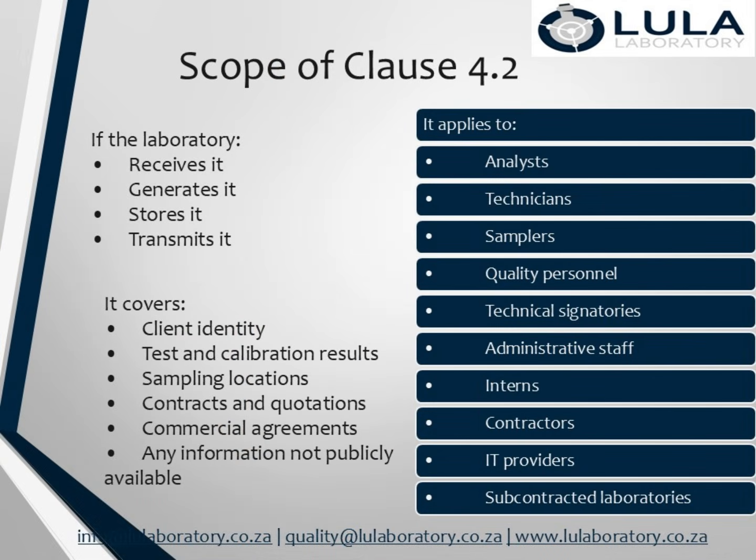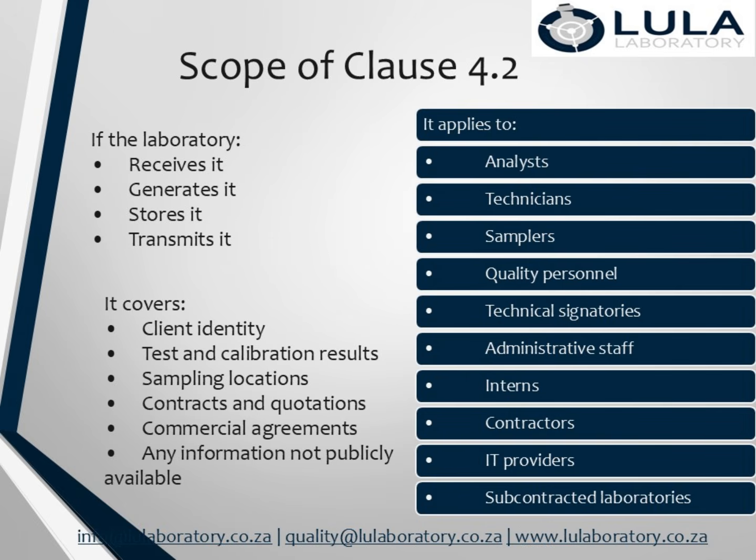The scope of Clause 4.2. Clause 4.2 applies to all information obtained or created during laboratory activities. If the laboratory receives it, generates it, stores it, transmits it, then confidentiality applies. It covers client identity, test and calibration results, sampling locations, contracts and quotations, commercial agreements, any information not publicly available.